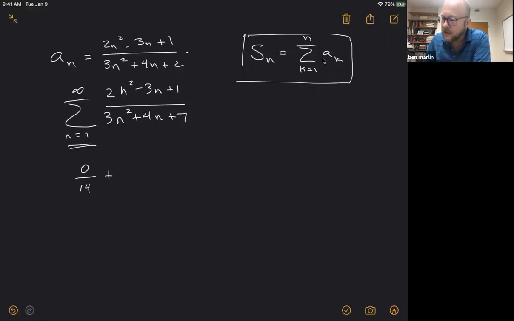And then if you plug in n equals 2, you would get, let's see, 8 minus 6, so 2 on the top, and on the bottom you would get 12 plus 8 is 20 plus 7, 27.